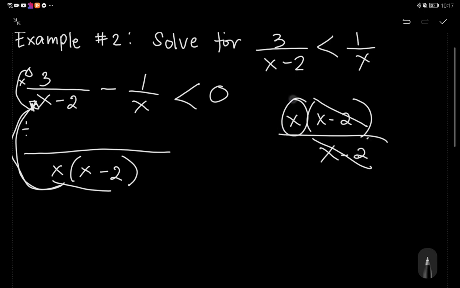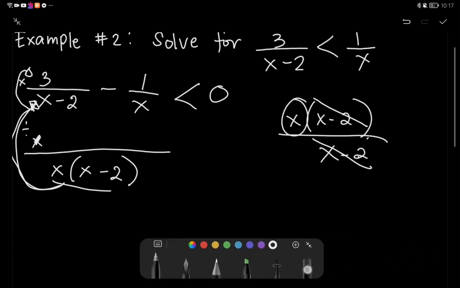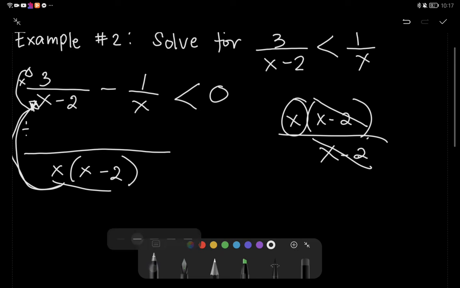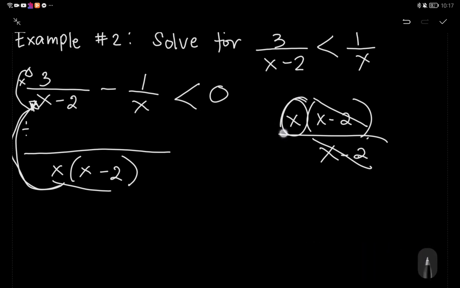Ang mabilin is only x. So, since si x ang nabilin dire, i-times nato siya dire. x times 3, that is 3x.